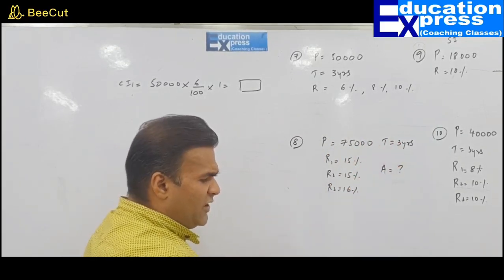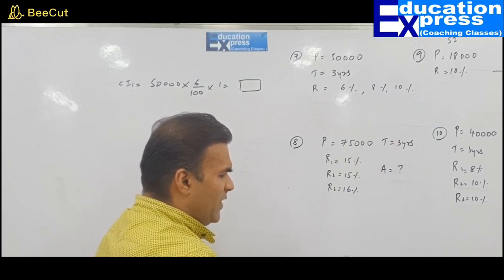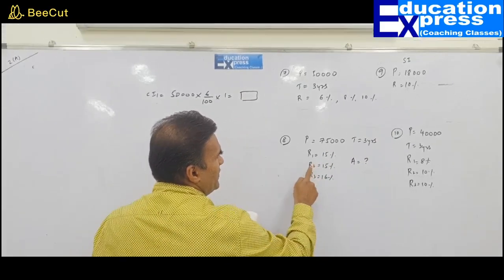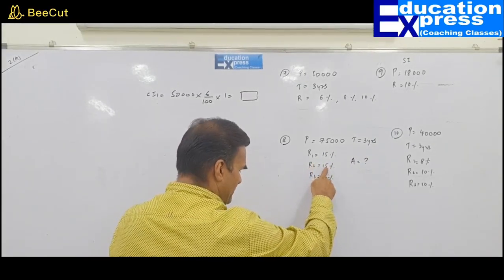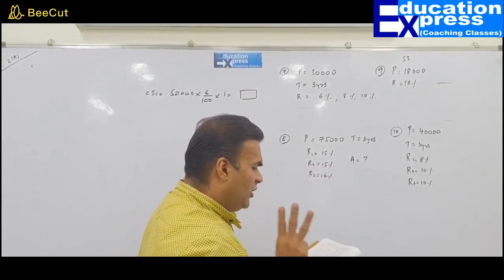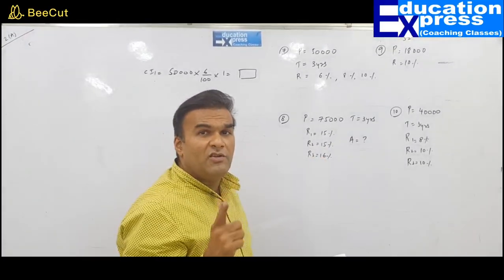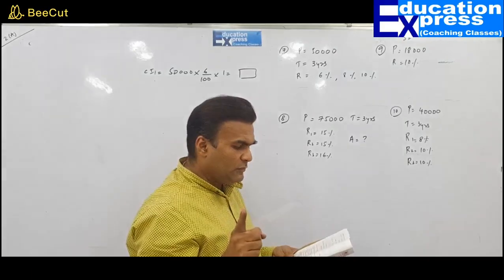The rate of interest for the first 2 years is 15% per annum, and for the third year it is 16%. This is the information given in the question.